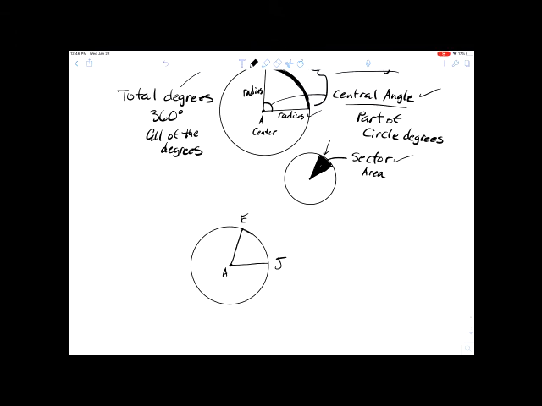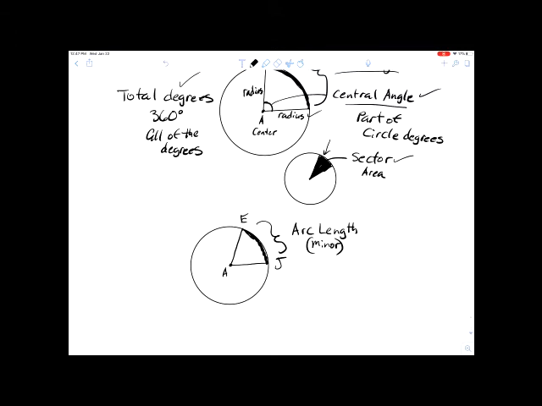We're going to find the distance from E to J. Now, this short distance right here is called arc length, the minor distance. Why are there so many circles? Okay? Because it's all about circles today. Okay? Arc length, this is the minor distance.